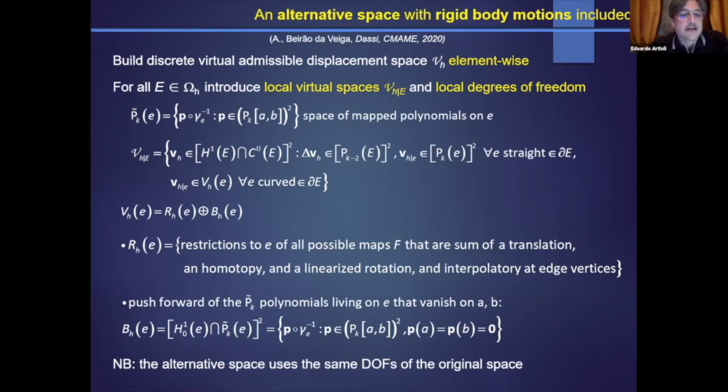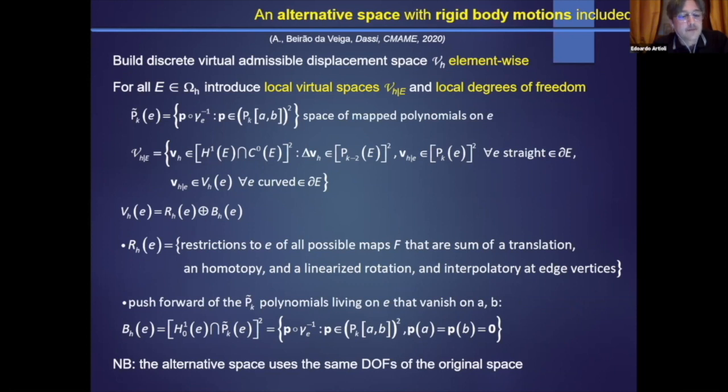The first one takes care of including a linearized rigid rotation for the element, and this one only owing to a couple of degrees of freedom, so perhaps the first and the last vertex of the curved edge can fit the bill, plus another local edge space, which is intended as a sort of bubble space over the edge, added in order to complete to the desired degree k of accuracy.